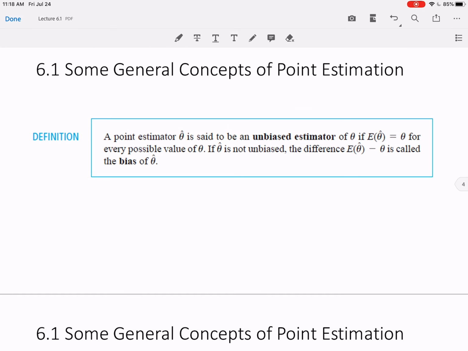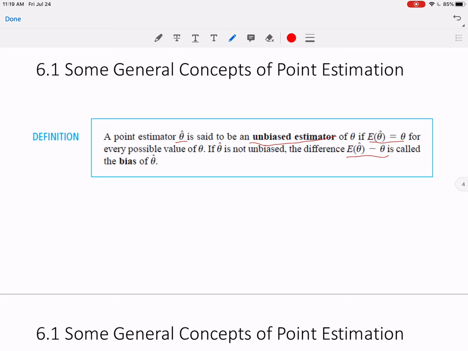Once it does, let's take a look at the definition. Bias. A point estimator theta hat is said to be an unbiased estimator of theta if the expected value of theta hat is equal to the value of the parameter for every possible value of theta. If theta hat is not unbiased, then the difference, the expected value of theta hat minus theta, is called the bias of theta hat.